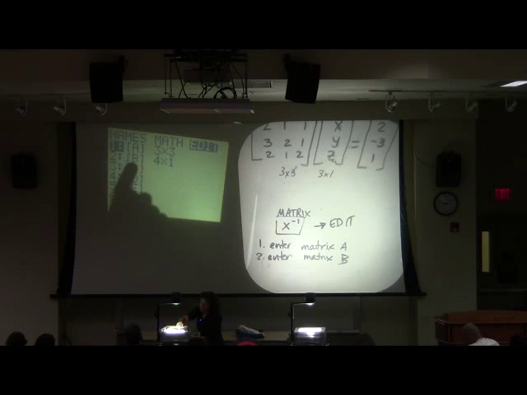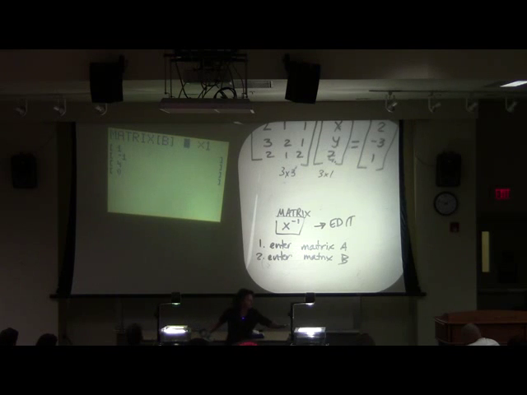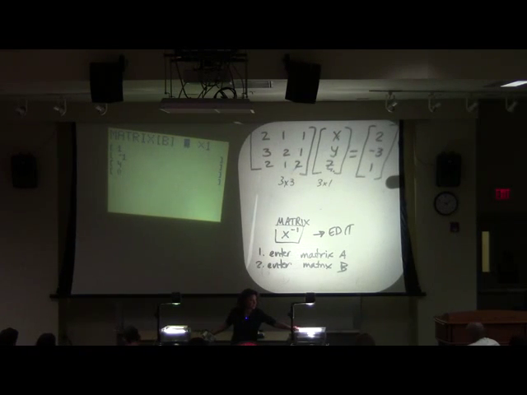But you have to go down to matrix B. So hit your arrow down and then hit enter. What size is matrix B? It's a 3x1, right? So hit 3, enter, 1, enter. And hit 2, -3, and 1.